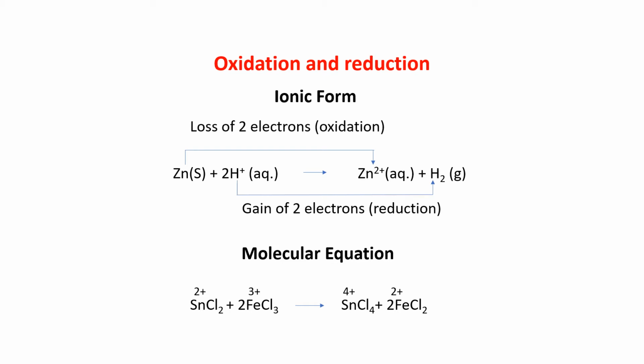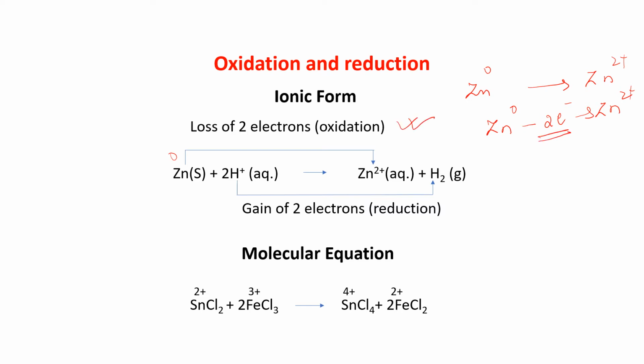Here you can see that zinc is going from 0 state to +2 state. That means there is a loss of 2 electrons. Zn0 minus 2 electrons gives Zn2+.